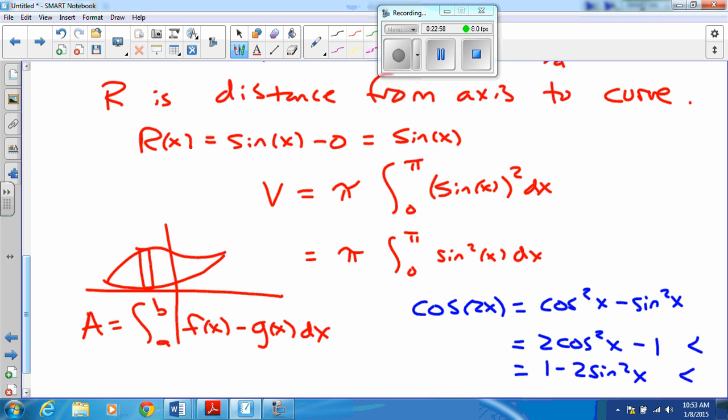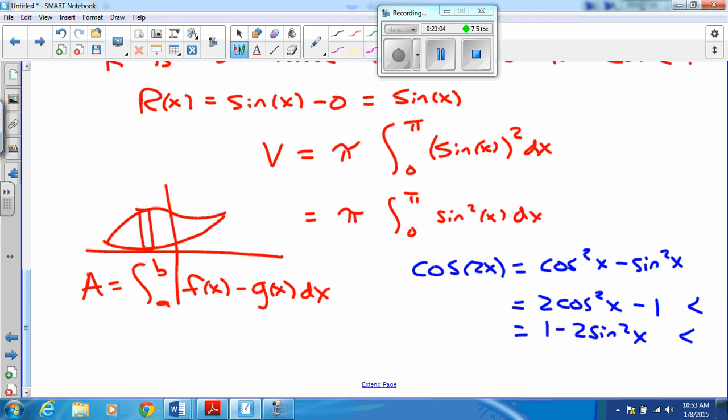Well, these two here are very, very useful to us because they allow us to represent cosine squared and sine squared in terms of cosine 2x. If I solve for sine squared x, everybody do that. Solve for sine squared x in the second. Go.